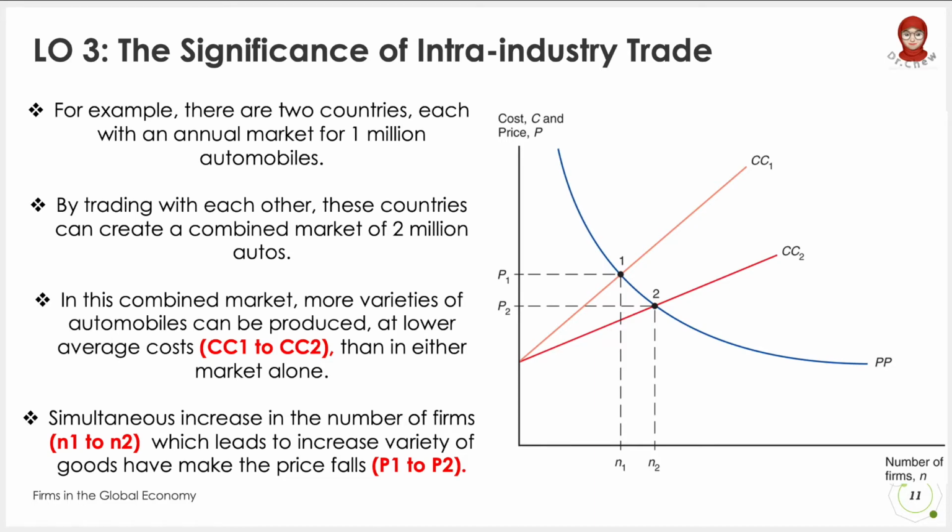By trading with each other, these countries can create a combined market of 2 million automobiles. In this combined market, more varieties of automobiles can be produced at lower average cost, as CC1 shifts to CC2, than in either market alone. The simultaneous increase in the number of firms from N1 to N2, which leads to increased variety of goods, has made the price fall from P1 to P2.